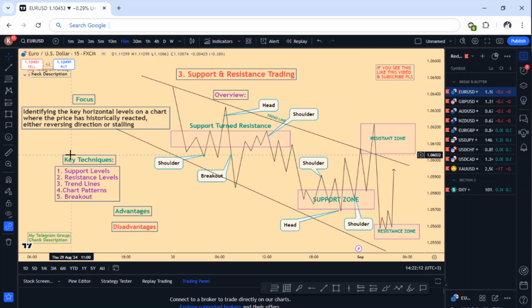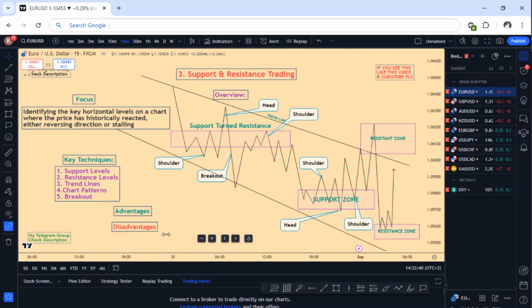So basically, support and resistance is one of the most used technical trading techniques. It revolves around identifying key horizontal levels on a chart, levels where price has historically reacted, either reversing direction or stalling, as you can see I've demonstrated here.